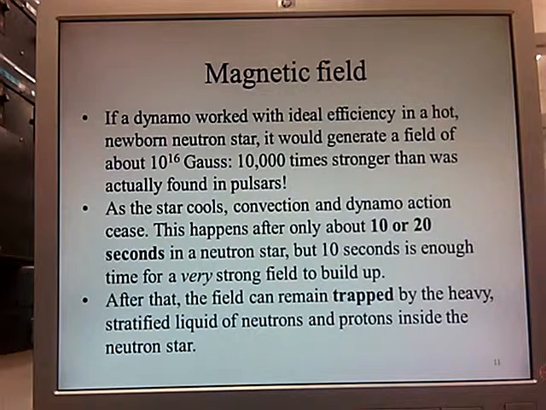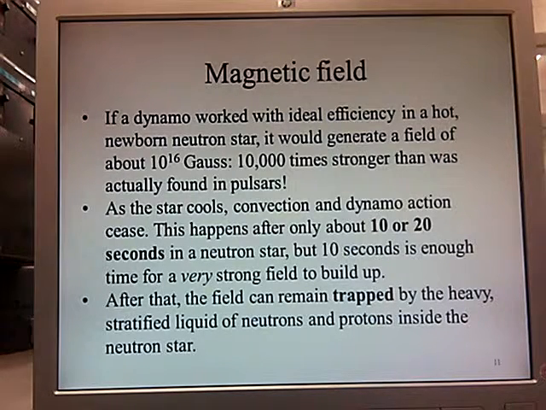If it did work, it could actually give us this 10 to the 16th Gauss magnetic field, which is 10,000 times stronger than what we're finding in pulsars. So people started thinking, well, if this can happen, then you're going to have those magnetar type stars.